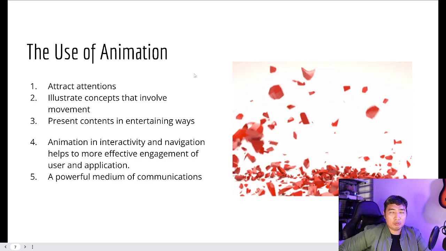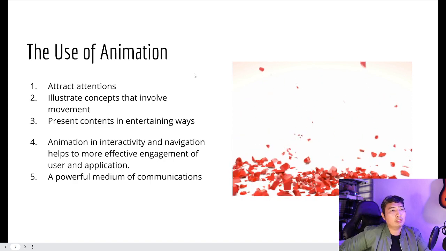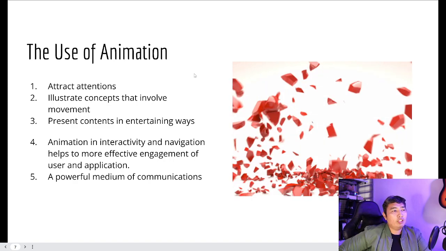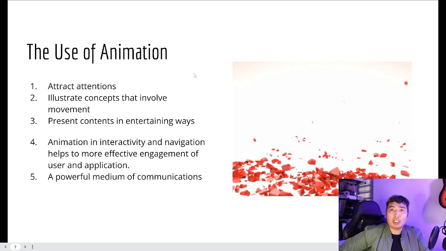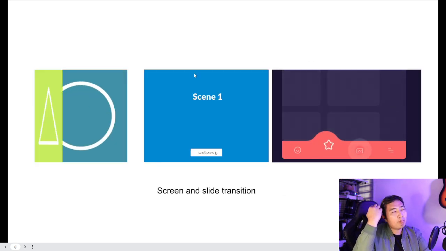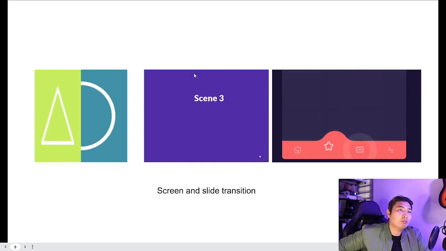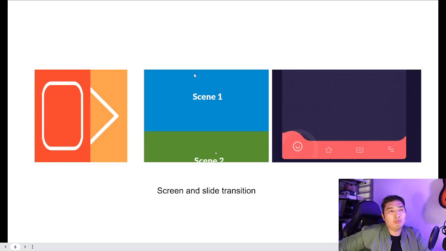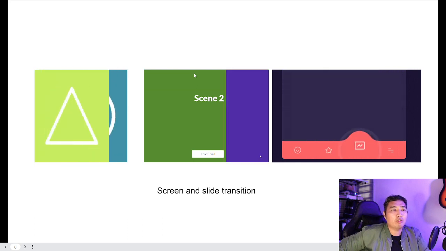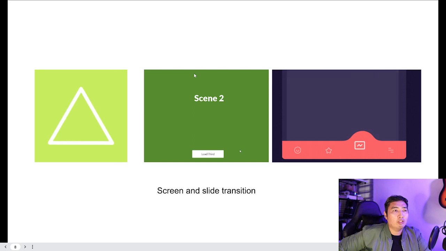So it results in more engagement, right? So the fifth one is a powerful medium of communications. So this is some example of animation that you might find in multimedia purposes, maybe in an application or website or slide.